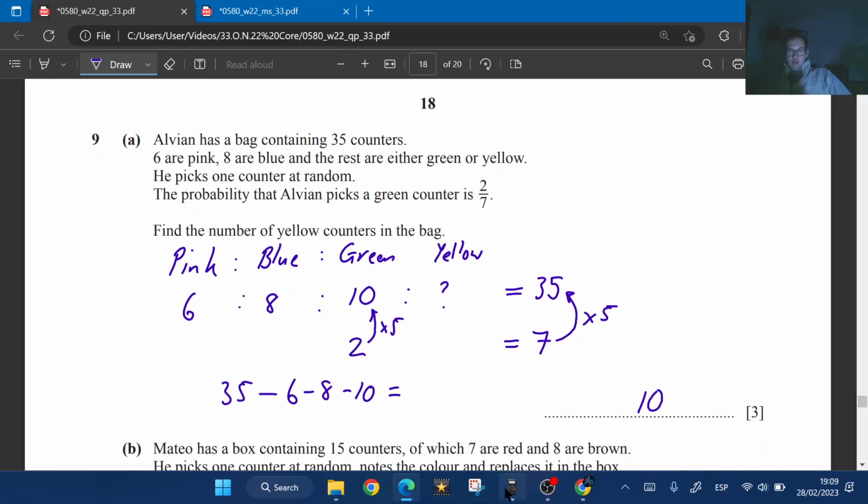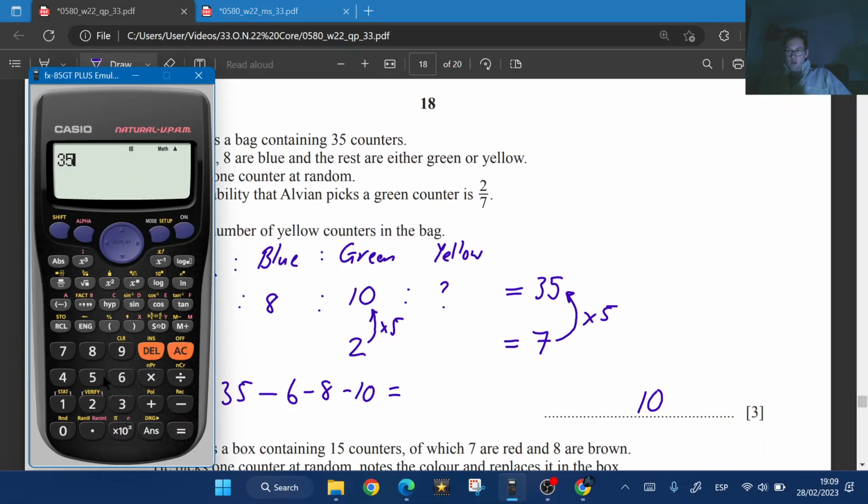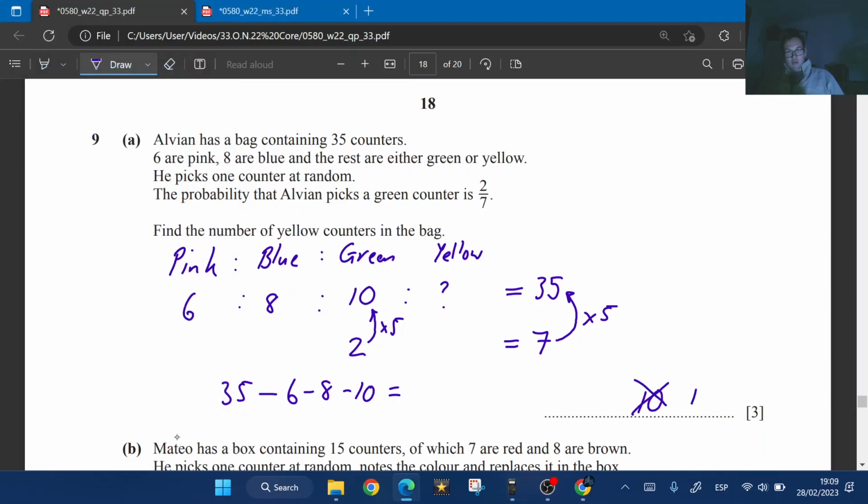And that's 11? 35 minus 6 minus 8 minus 10. 11 it is. You see? Yeah. Always read the question carefully.